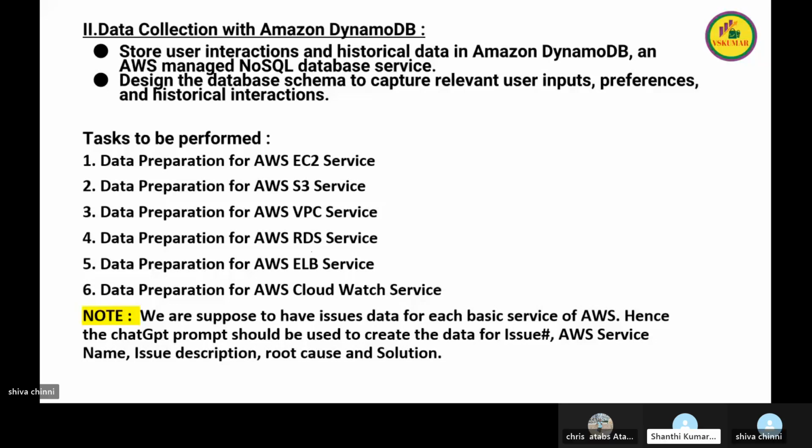Basically, we are working on the issues of the basic services listed here, and the issues contain the issue number, AWS service name, issue description, root cause, and solution. This kind of data is going to be generated in this particular demo and shown through Excel files. In the next demo, we will show how to upload them into DynamoDB and operate on that data.